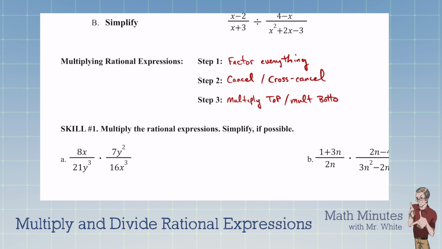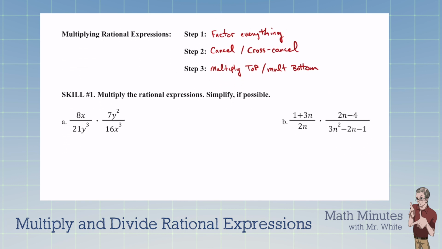So we're going to multiply the numerators straight over, and then we're going to multiply the denominators straight over. There is no cross multiplication that we're doing today, so I'm trying to avoid that word. So we're going to multiply the tops, and we're going to multiply the bottoms, and then simplify if need be.